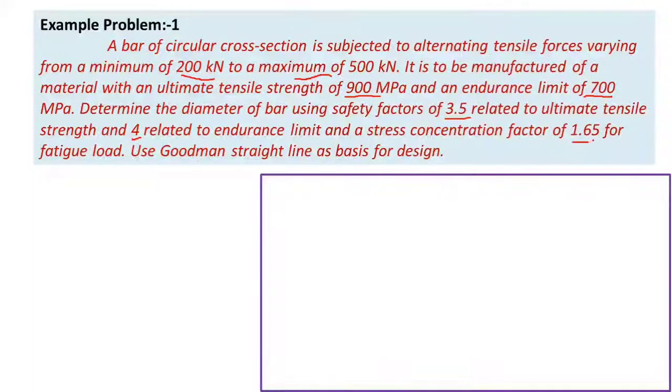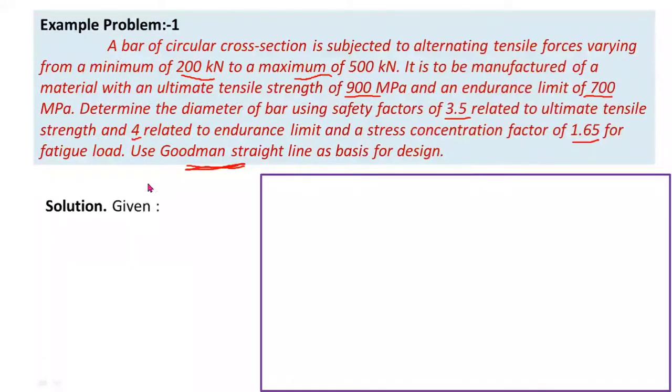And here 1.65 is the stress concentration factor for fatigue, that means fatigue stress concentration factor KF equals 1.65. For determining the suitable size of a shaft diameter, you have to use Goodman's method. So from the given question, you have to determine the value of diameter d by using Goodman's equation.